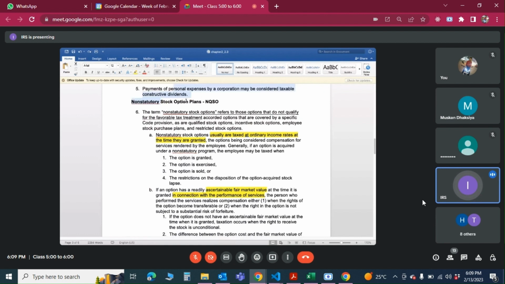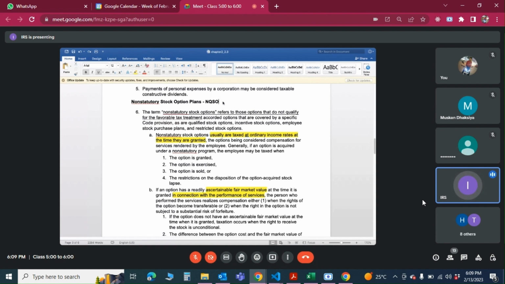Non-statutory stock options, NQSOs, they call it, non-qualified. In simple words, these are the stock options which do not get favorable tax treatment. They do not qualify for favorable tax treatment.